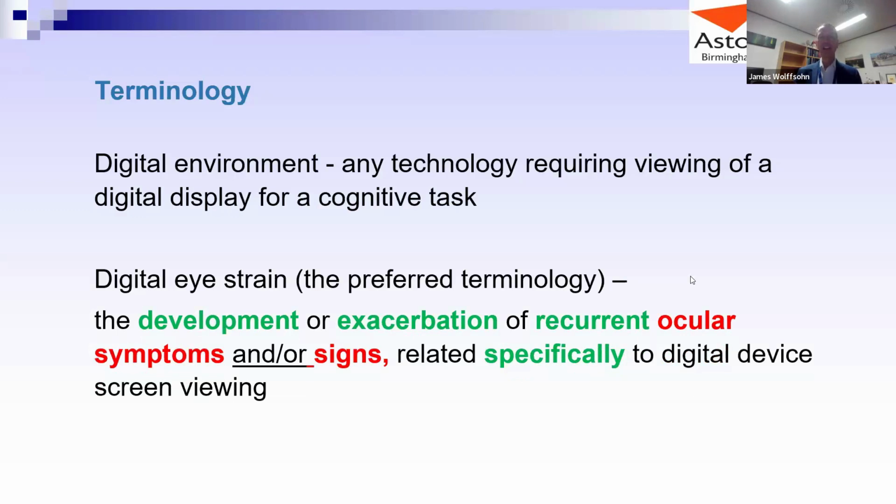Our current questionnaires only identify that someone has symptoms in a digital environment. It does not identify whether they have the same symptoms in a non-digital environment. So if we want to define digital eye strain, it's important that those symptoms have either got worse or have appeared for the first time, related specifically to that digital device screen viewing.